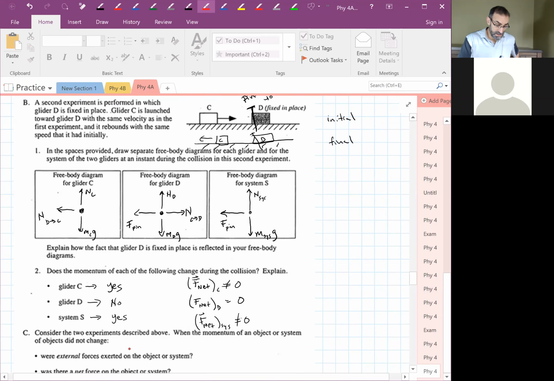It says, when momentum of an object or system did not change, were external forces on the system?